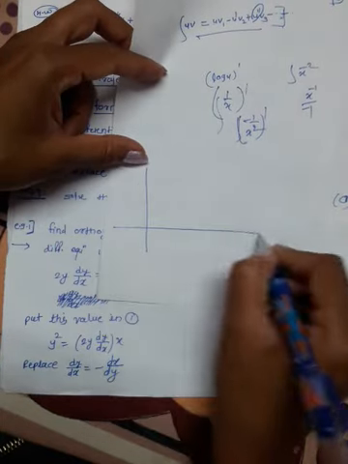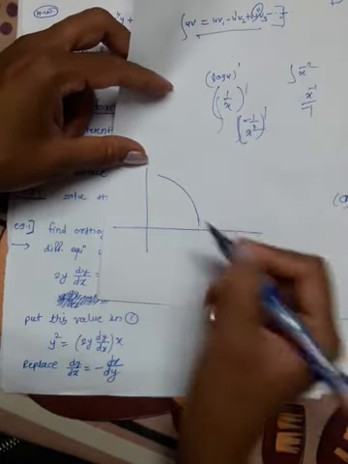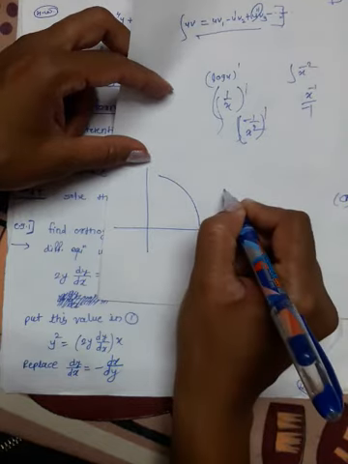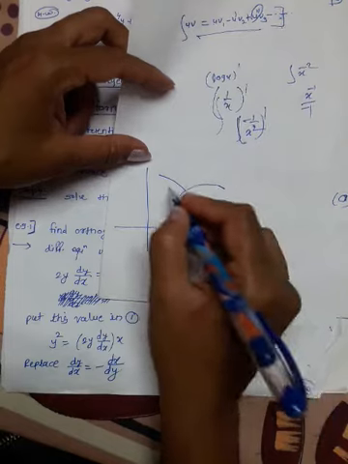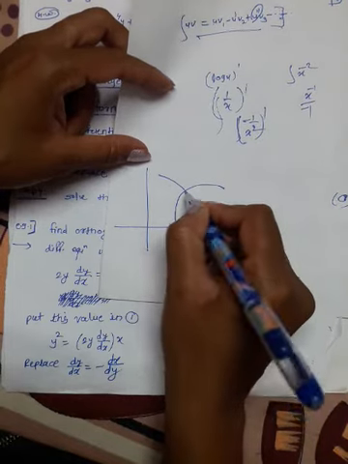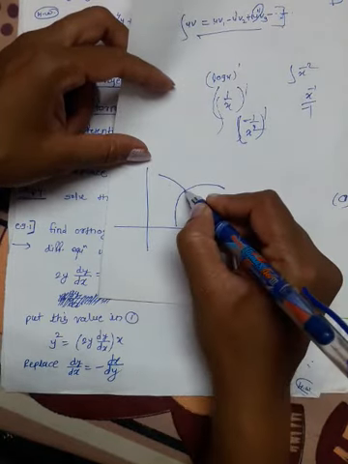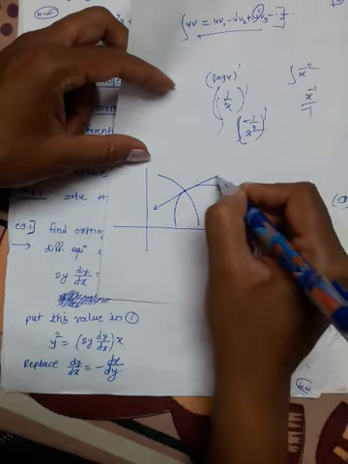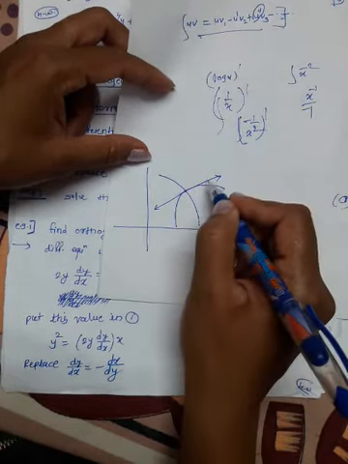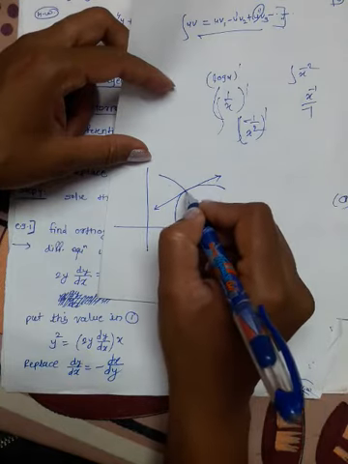So this is the xy plane, this is the first curve, and suppose this is the second curve. This curve and this curve intersect at this point. Take the tangent to this curve. Tangent we know, the line which touches the curve at one point.